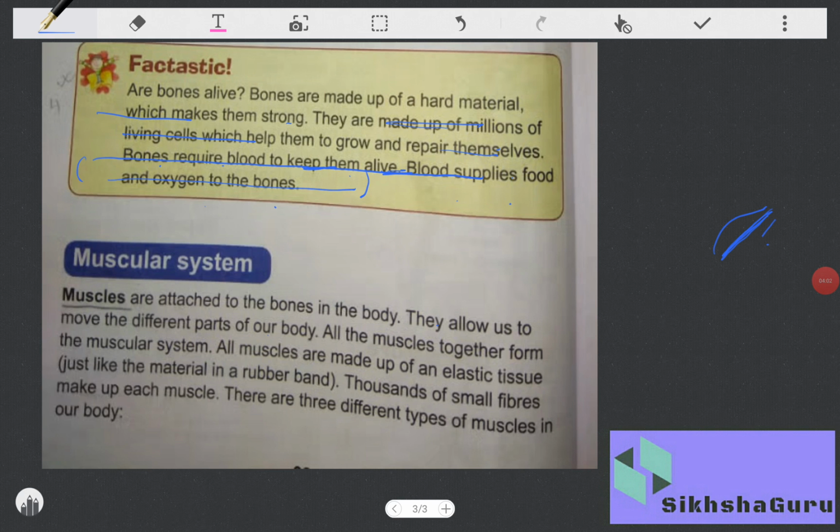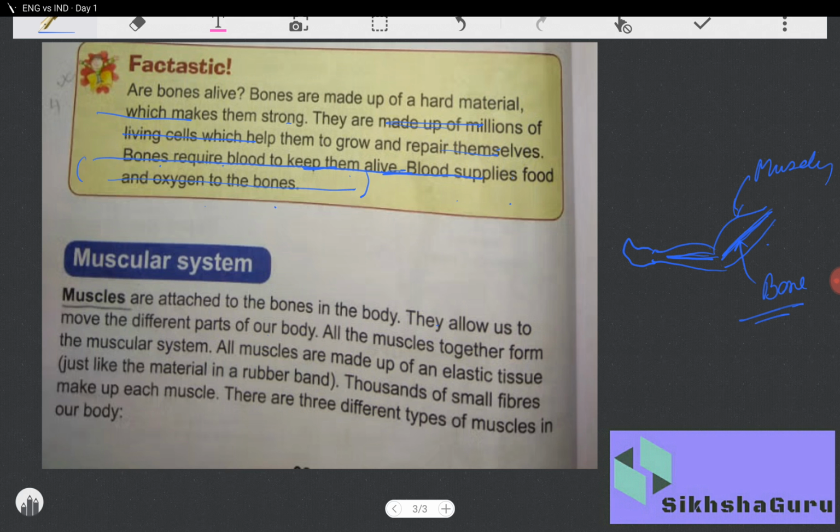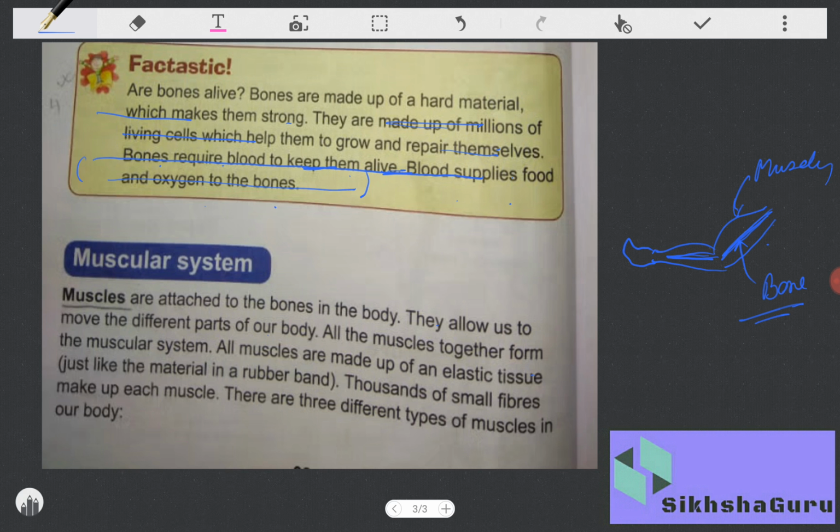So muscles are attached to the bones of the body. These are the muscles, and this is the bone. All the muscles together form the muscular system. All muscles in our body together form the muscular system.